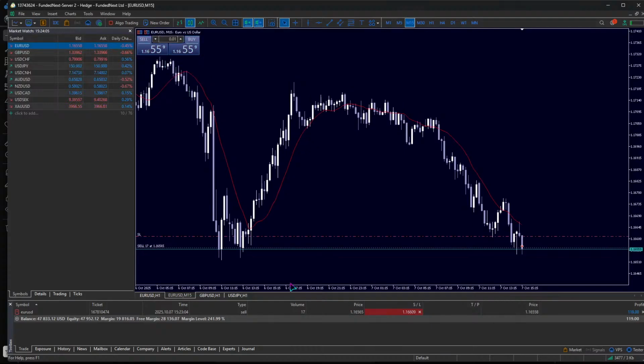Oh, it's right here. So this is where we're gonna set my TP. Fuck this phone, bro. Now I set my TP on the low.